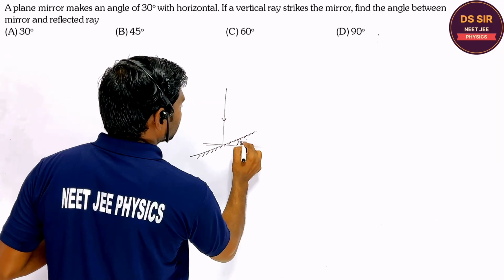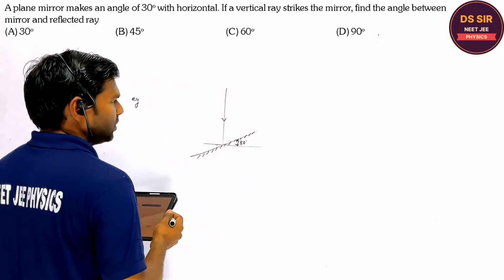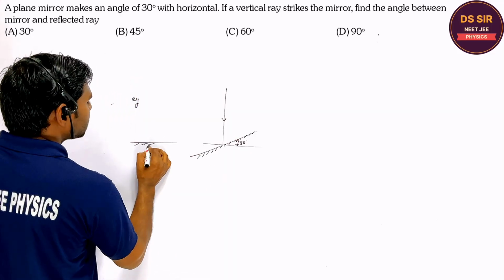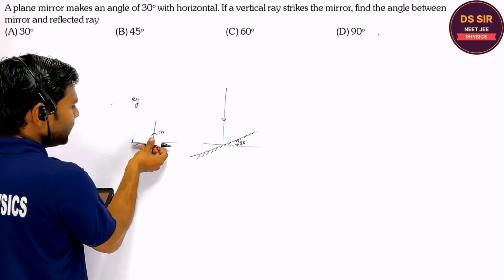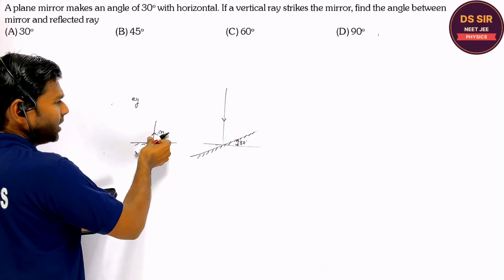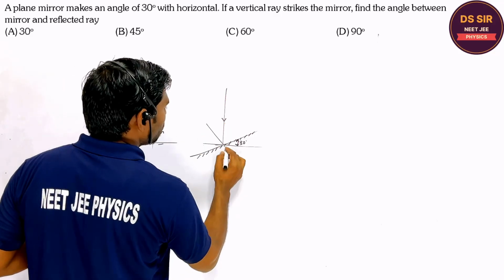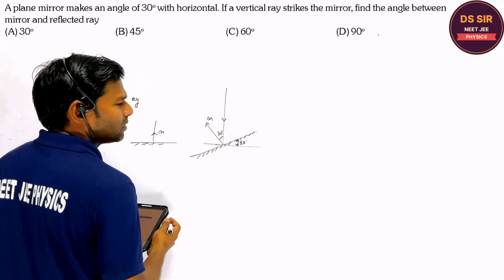So if the plane mirror is like this, it has a normal. If it is rotated by 30 degrees, the normal is also rotated by 30 degrees. You understand or not? This is the normal.